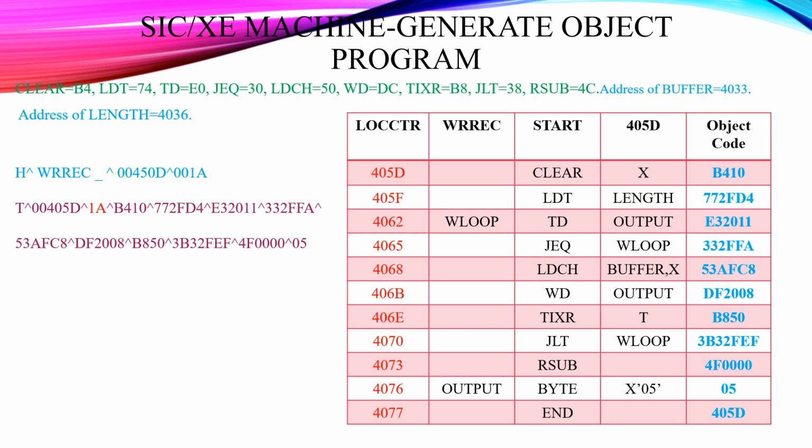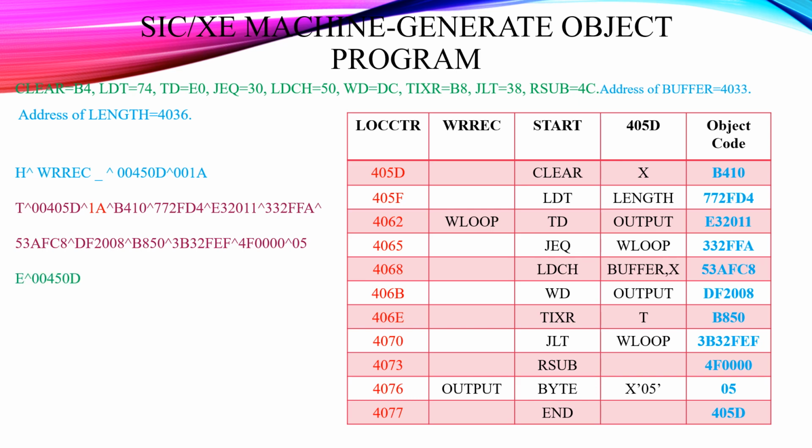Then B410 is the object code for the first instruction, 772FD4 for the second instruction, and E32011 for the third instruction. 332FFA for the next W loop instruction, 53AFC8 for the output instruction, DF2008 for the output instruction, B850 for the TIXR, 3B32FE for the W loop JLT instruction, 4F0000 for RSUB, and 05 for BYTE X'05'. This is the text record, where we need to write all the object code.